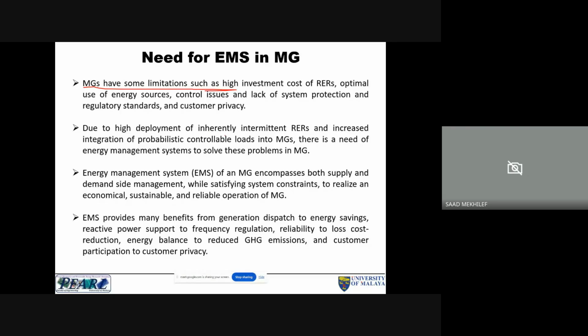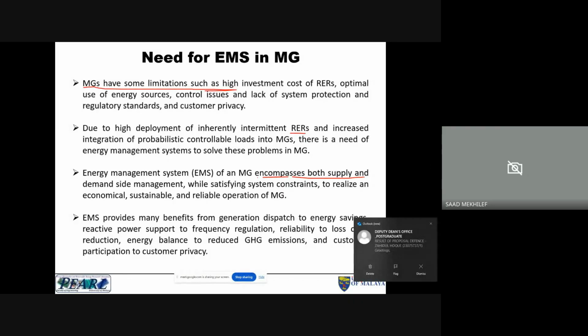Also, sometimes it is the high deployment of intermittent renewables. The energy management system of a microgrid maintains both the supply and the demand side management, while satisfying the constraints.